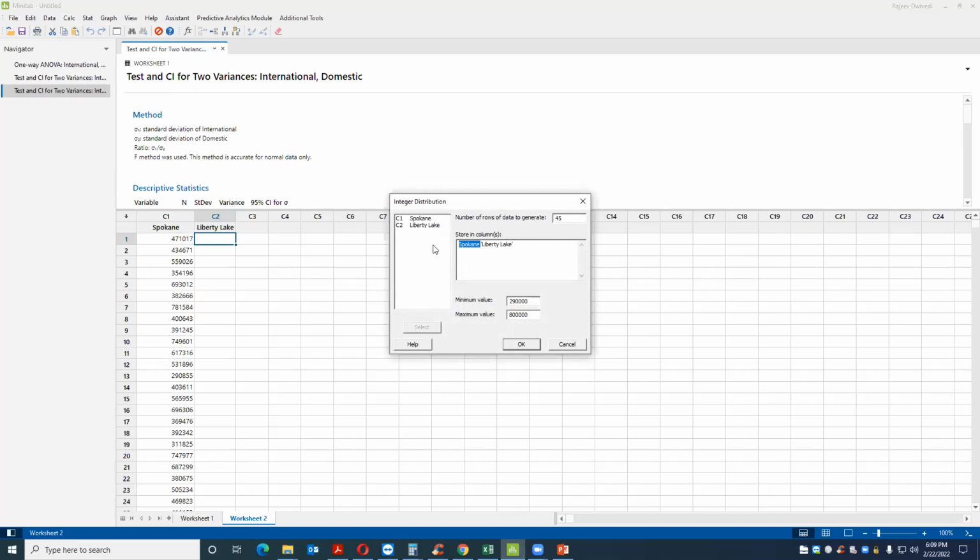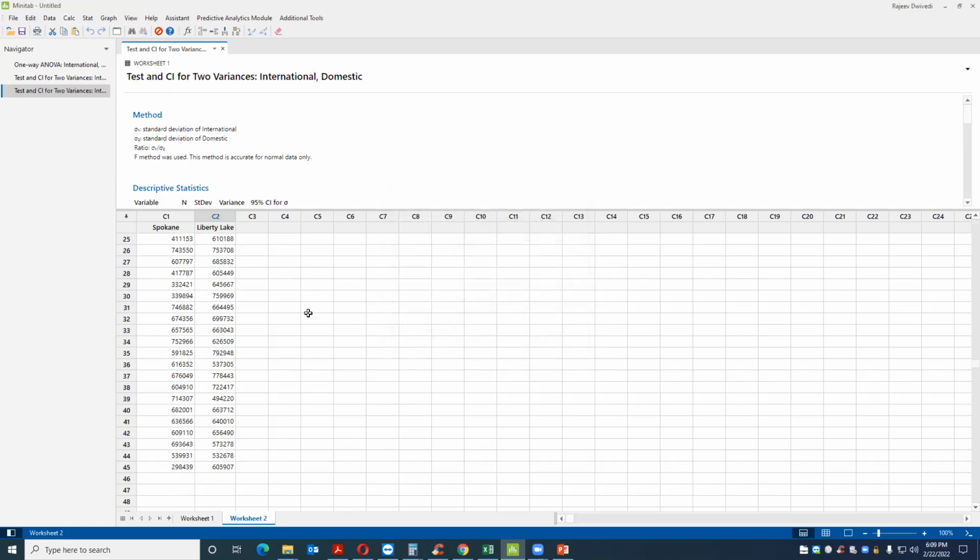But in Liberty Lake, no house is at 290,000. Basically, everything starts at about 450,000, and the maximum goes to millions of dollars. So I'm just going to write that, and again insert. So now I have the housing prices of the two areas.